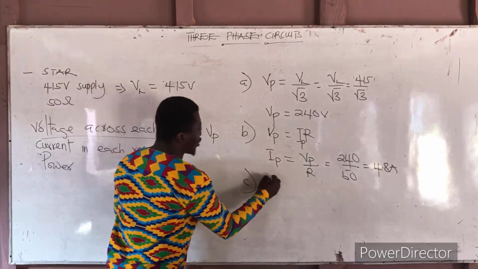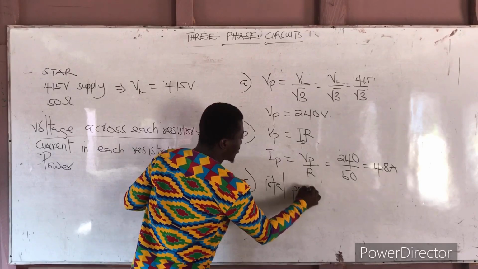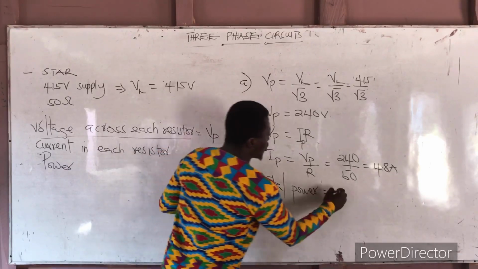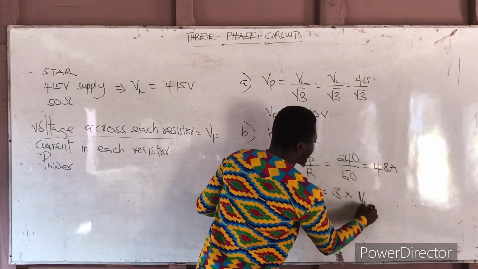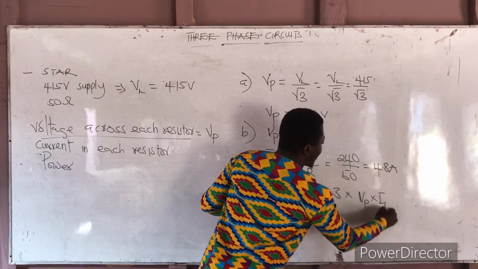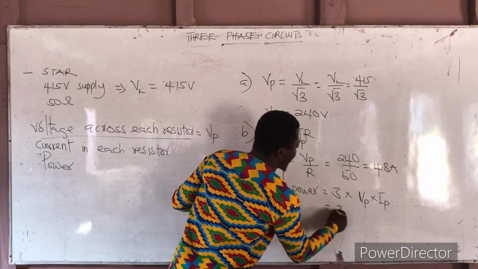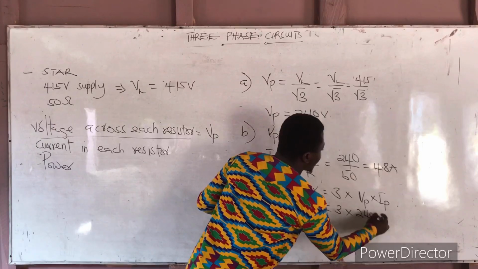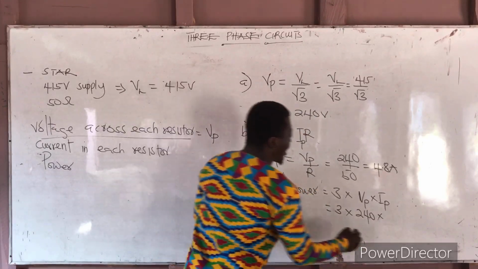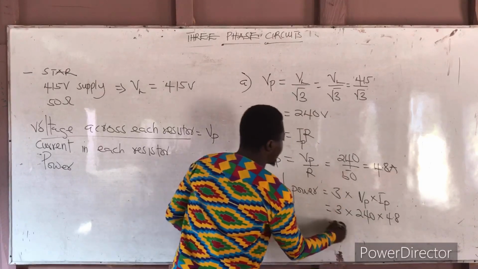So basically, C, which is our total power, is equal to 3 times the phase voltage times the phase current. So we get 3 times the phase voltage, which is 240, times the phase current, which is 4.8 amp.